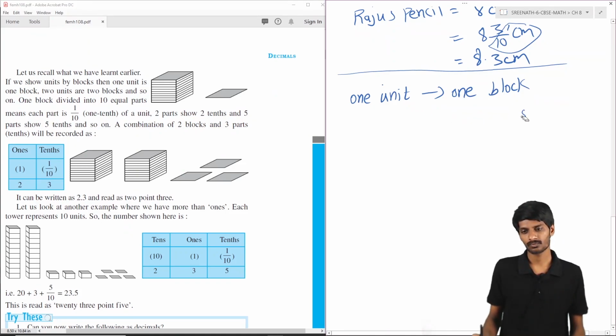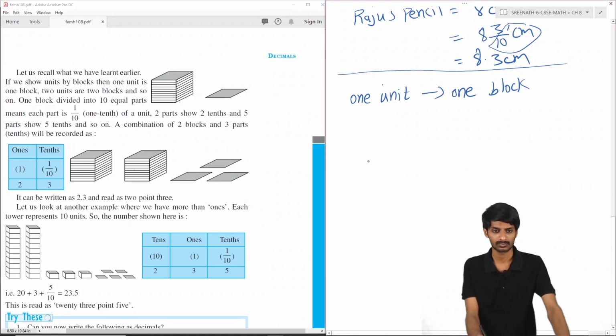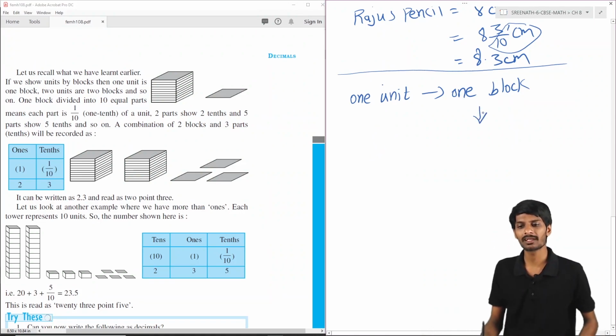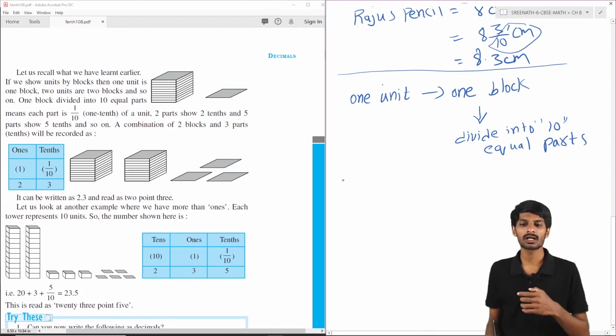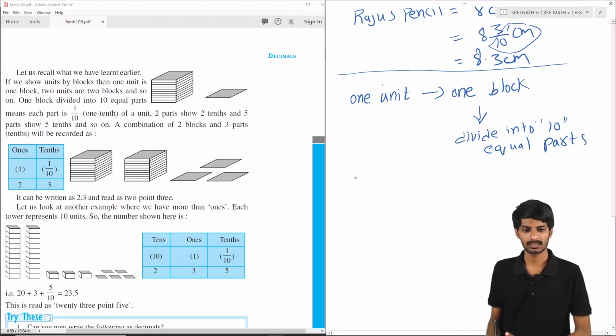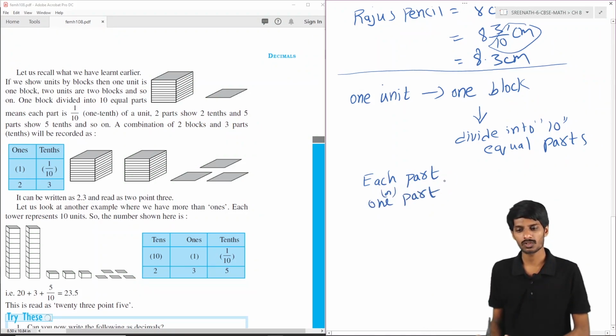So now if you divide 1 block into 10 equal parts, then each part is what? Each part is called 1 part. 1 part is equal to how much, friends?